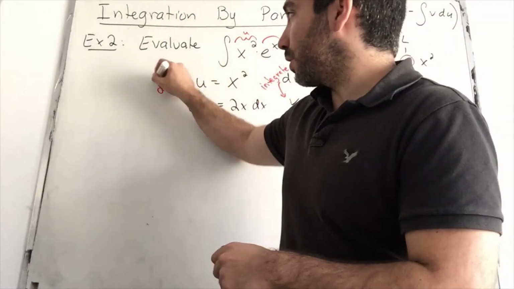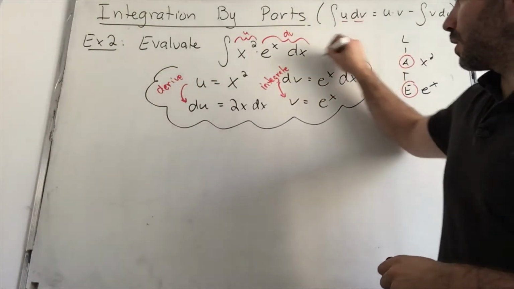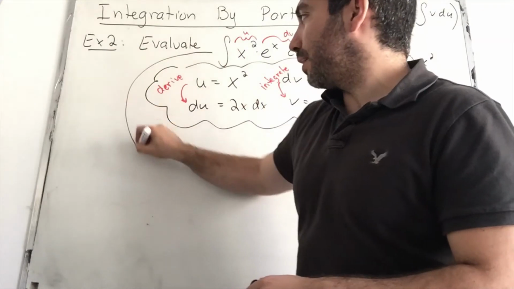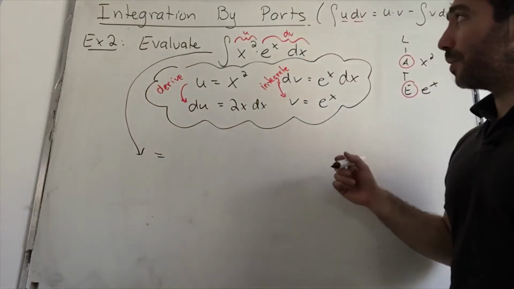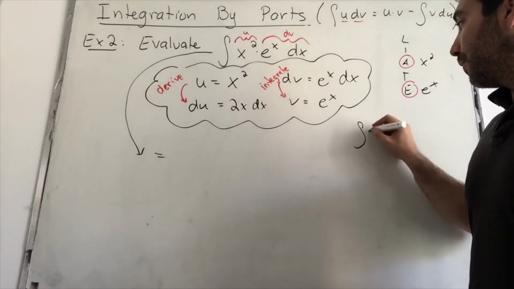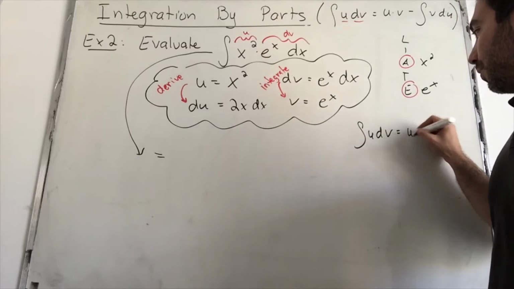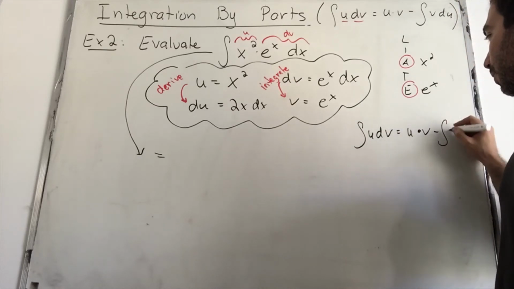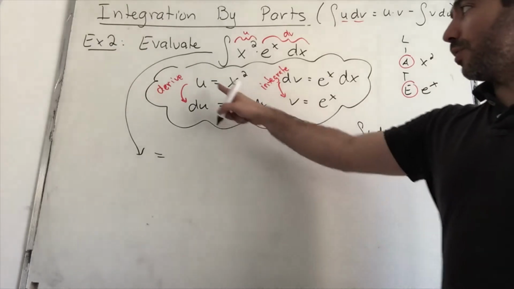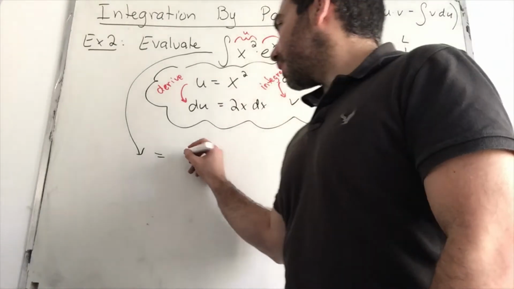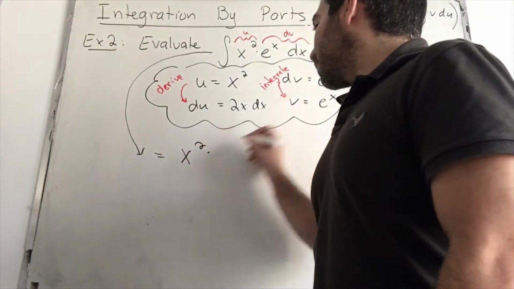So again, this is side work. This is stuff you do on the side. And from here, we continue down here. Using our formula, the integral of u dv equals u times v minus the integral of v du. Okay, so u times v, in this case, is x squared times e to the x.